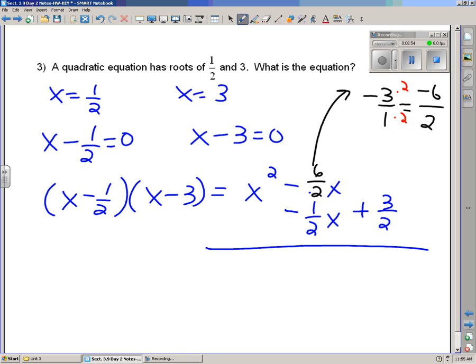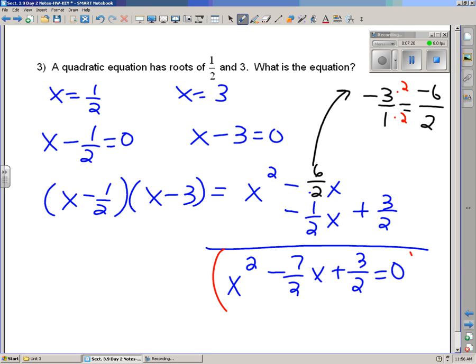So it's going to be x squared minus 6/2 x minus 1/2 x plus 3 over 2, which means when I come down here, I've got x squared minus 7/2 x plus 3/2 equals 0. And then it said that you can't have any fractions in your problem.